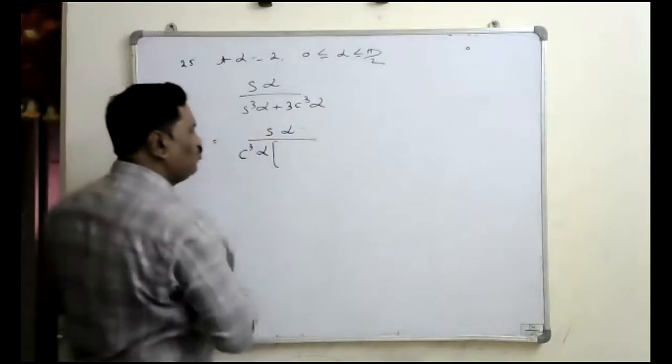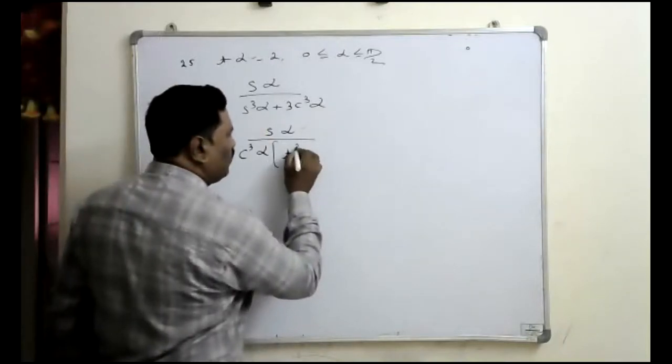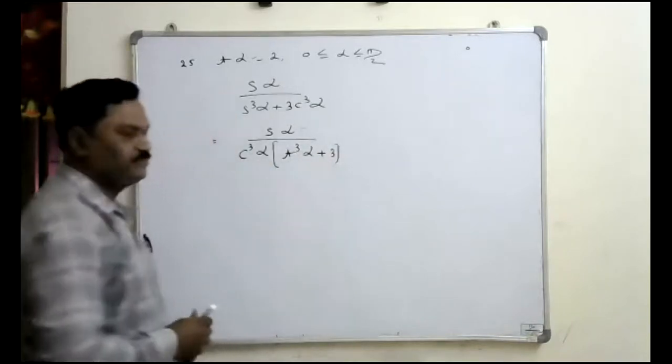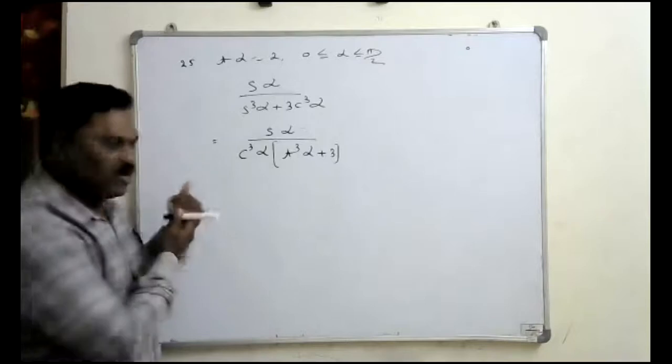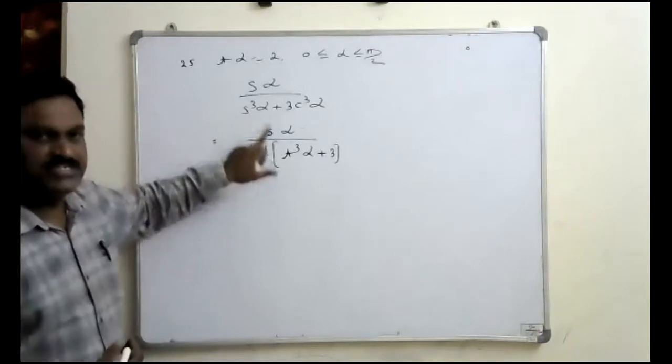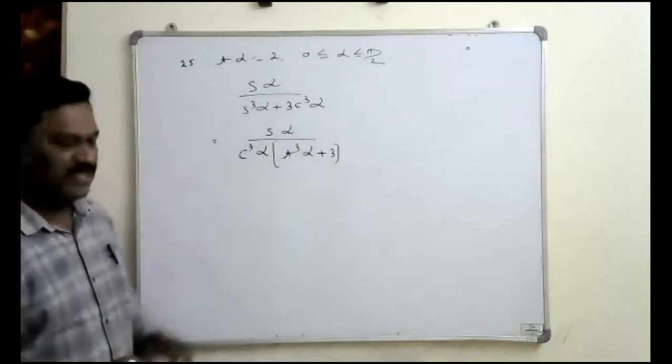Sine cube by cos cube, we get tan cube alpha plus 3 in the denominator.